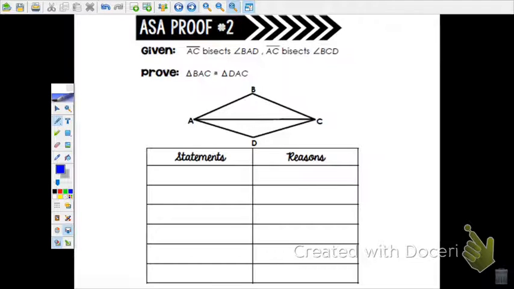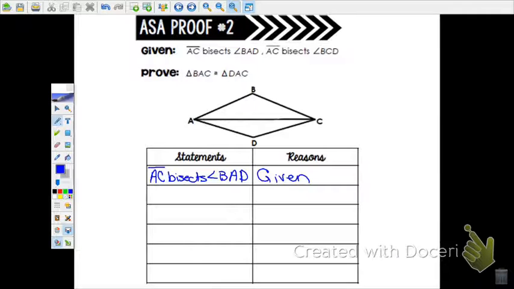Second proof. Again, we'll start out with the given. Segment AC bisects angle BAD is given. So we see, again, lots of repetitive statements being used in these proofs.